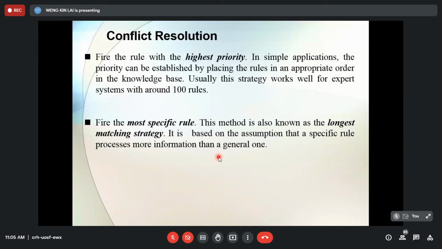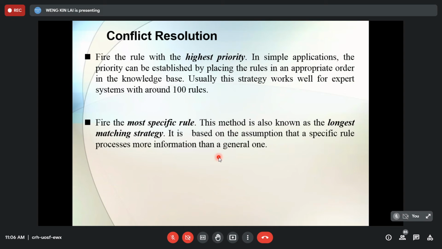So maybe, for example, I add in more information. For example, if the traffic light is red, and there are no person on the road, right? Or if there is a person on the road, then your rule number 3 will have a higher priority, right?